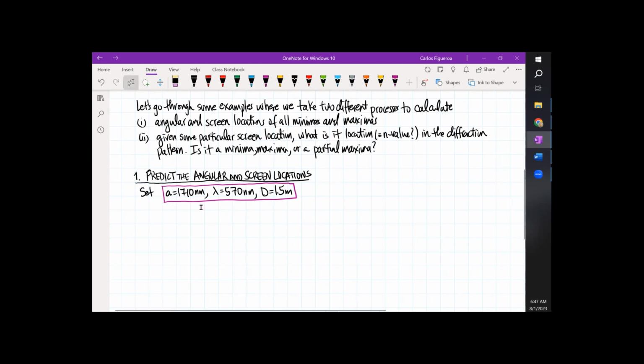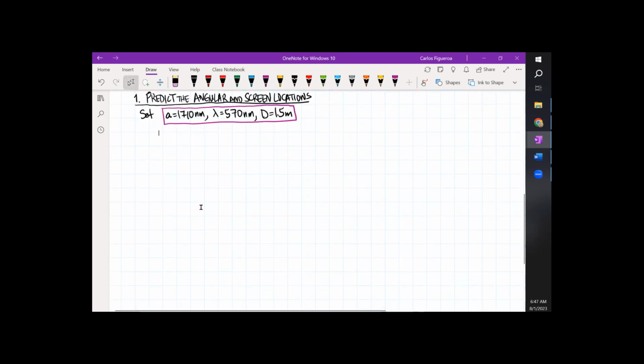As always, you have to start with the diffraction parameter. So starting with the diffraction parameter, here's what we get. We know that the diffraction parameter gives us n max, which is then A over lambda.